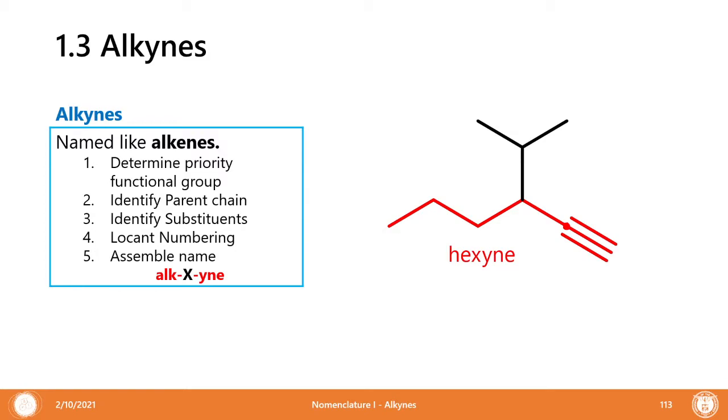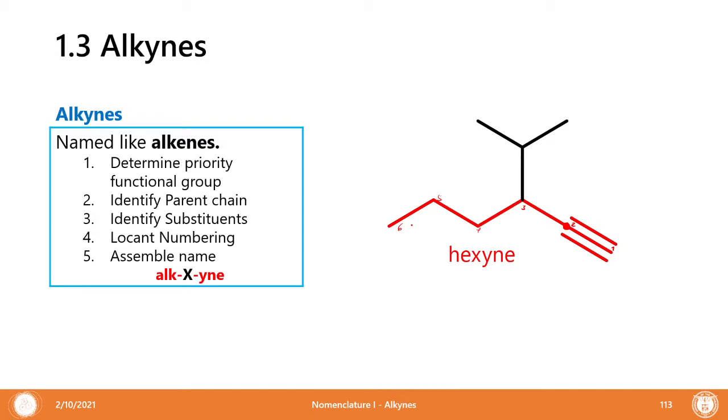It's in a linear form. So this point here where the triple bond ends signifies another carbon. So this is 1, 2, 3, 4, 5, and 6 carbons. So we have a 6 carbon alkyne, hexyne.